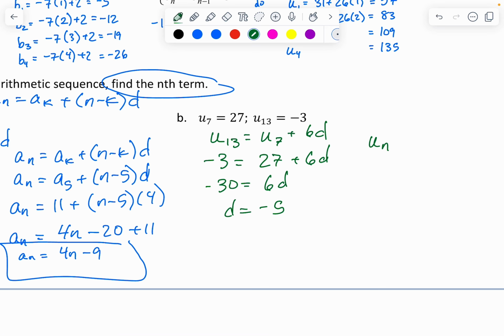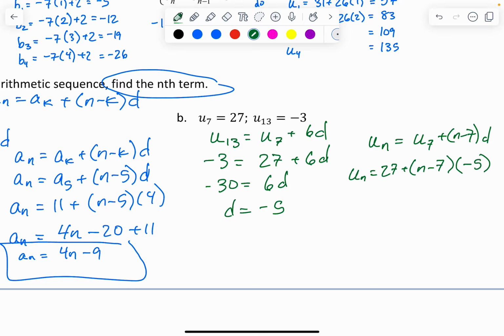Now I can say u sub n is equal to u sub 7 plus n minus 7 times d. Oh, hang on. I'll just put d. But on this one, you better put the d in parentheses, because u sub 7 was 27 plus n minus 7 times. If I don't put the negative 5 in parentheses, it looks like I'm subtracting 5 from my answer, and that's not what I'm doing.